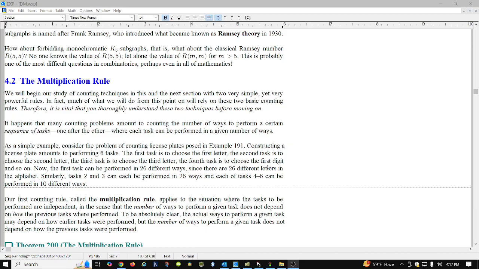If this independence condition is not satisfied, the multiplication rule will give you the wrong answer. And to be absolutely clear, the ways to perform a given task may depend on how earlier tasks were performed, but the number of ways to perform that task must not depend on how the previous tasks were performed. If that seems a little confusing, when we do some examples, it should clarify.